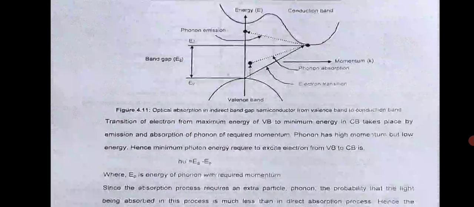And if we see the transition of an electron from the maximum energy of the valence band to the minimum energy of the conduction band, this takes place by the emission and absorption of a phonon of required momentum, and this phonon has high momentum but low energy.